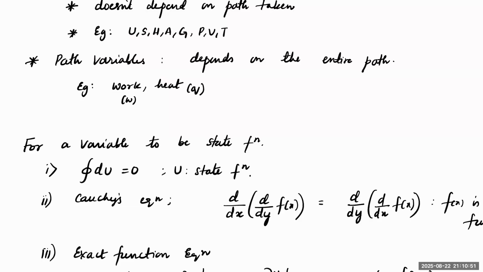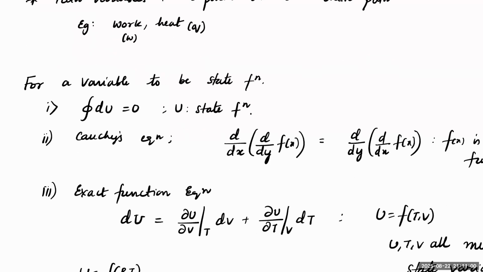Since a state variable looks relatively easy to define, because it only depends upon the initial and final condition, we can actually prove whether a function is a state variable or not. To prove this, we will look into three sets of mathematical derivations.